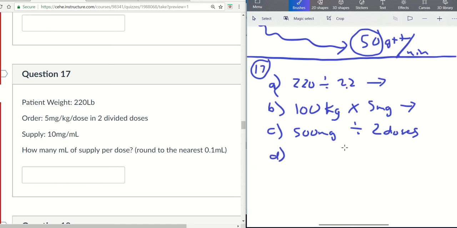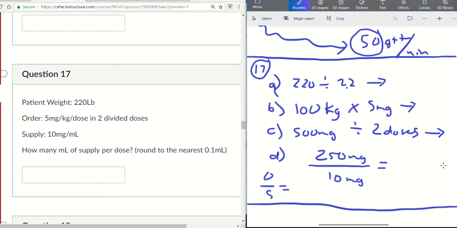And then what you get is your order in step C. So you need 250 milligrams per dose, and your supply comes 10 milligrams. So just do order over supply. Order's 250 per dose, your supply is 10 milligrams. How many mLs would you administer? 25. Yeah, 25 mLs. No rounding necessary.